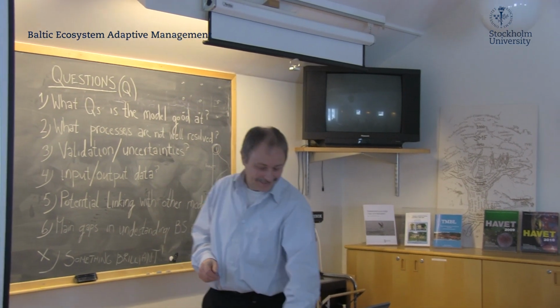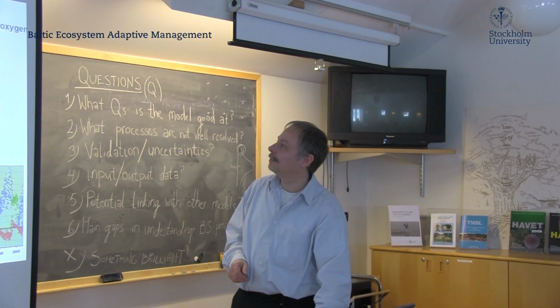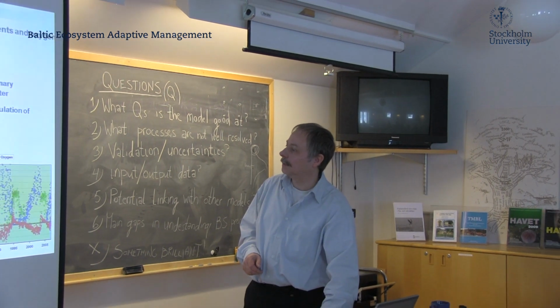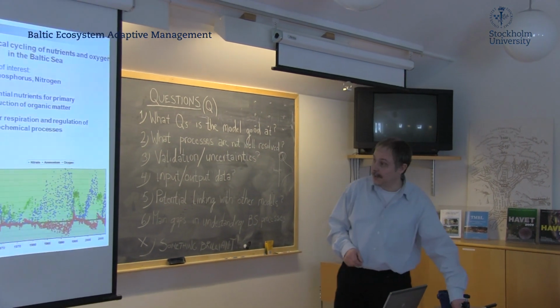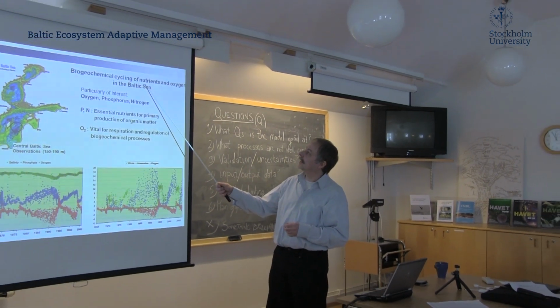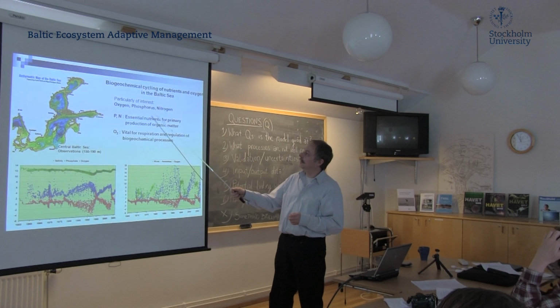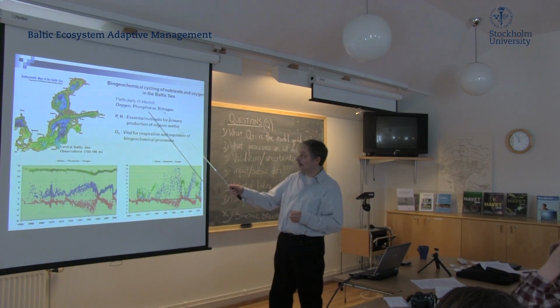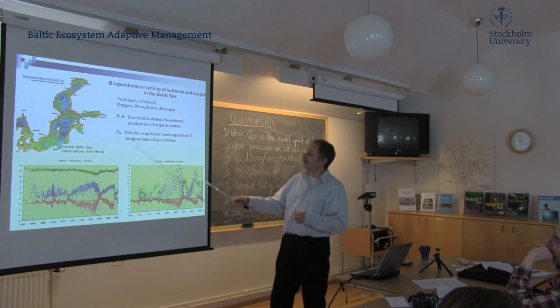Okay, I think I jump over this because these are, we can take this one here. This is quite important, the observation. So the biogeochemical cycling in the models include the nutrients that are limiting: phosphorus, nitrogen, and oxygen.